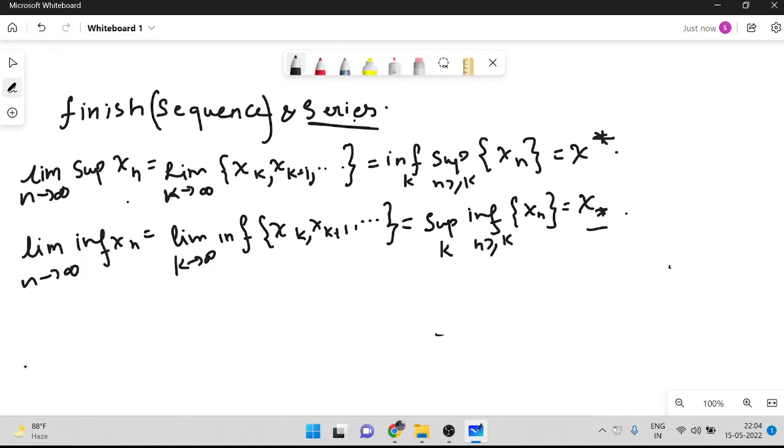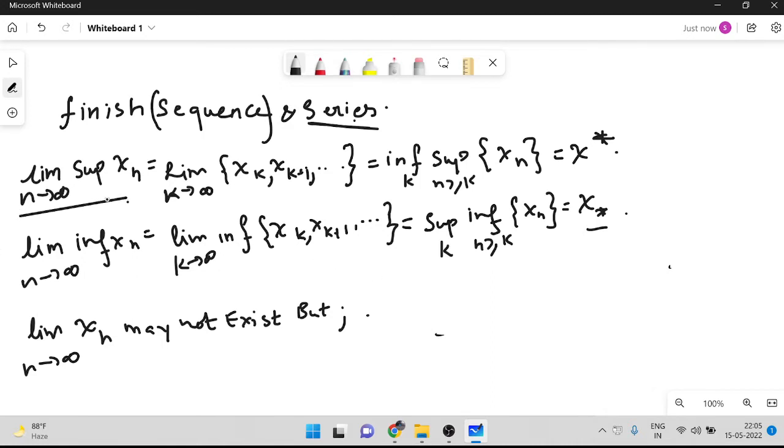So in the last class I taught that limit n tends to infinity xn may not exist, but because this is a monotonically decreasing sequence that is bounded below, hence this converges, and this is a monotonically increasing sequence that is bounded above, it converges. So the limit exists.